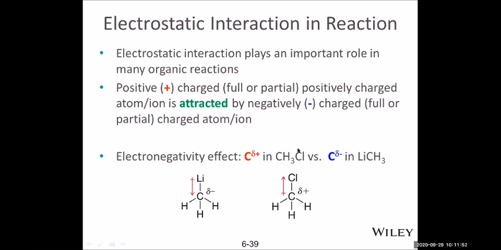For example, methyl chloride. In a methyl chloride molecule, the chlorine is more electronegative than the carbon, so the carbon is slightly positive and the chlorine is slightly negative. Versus methyl lithium: lithium is a low electronegativity metal, so when it forms a compound with carbon, the carbon has a negative charge, acting like an anion, a carbanion.